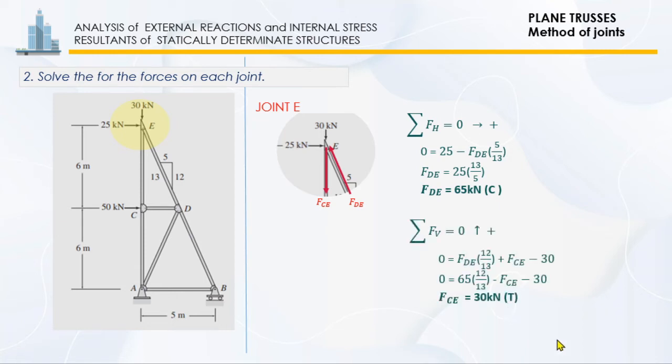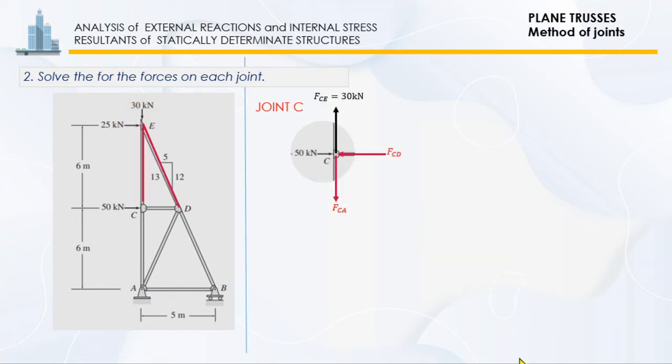So next, taking summation of forces vertical is equal to 0, going up as positive. So we have 0 is equal to FDE multiplied by its slope, which is 12 over 13, plus FCE minus 30. So solving FCE, we have 30 kilonewton which is in tension.